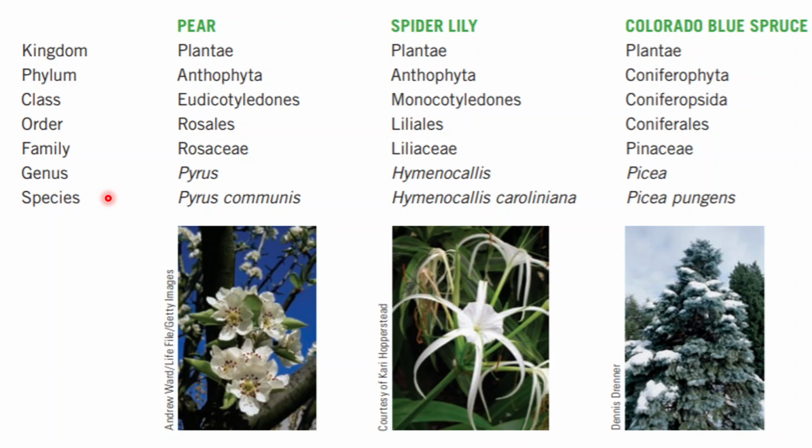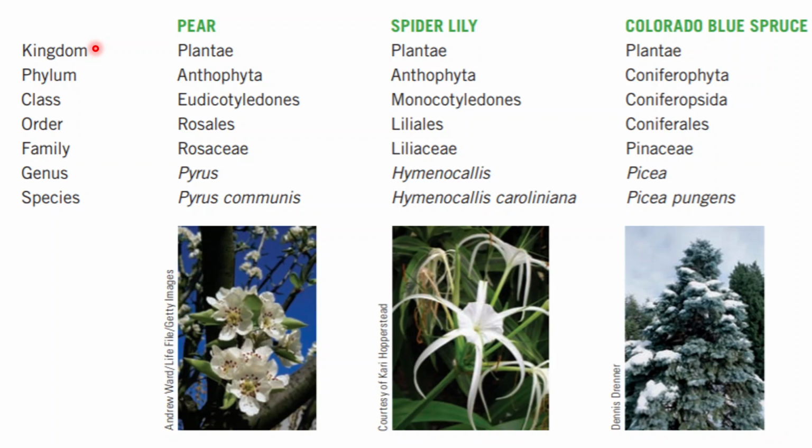One or more related genera are assigned to the same family. Like we have a family, the plants also have a family, and families are grouped into orders, orders into classes, and classes into phyla, and phyla into kingdoms. And kingdoms are grouped into domains.